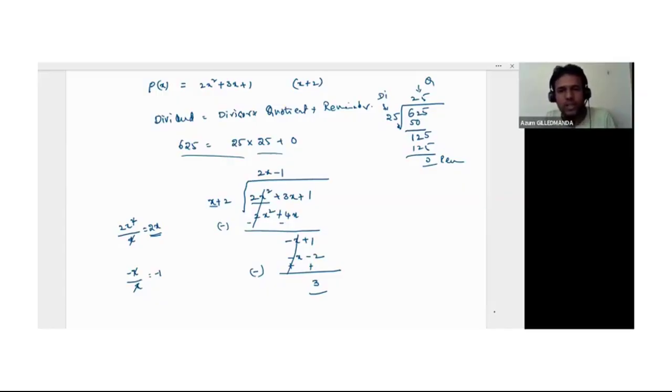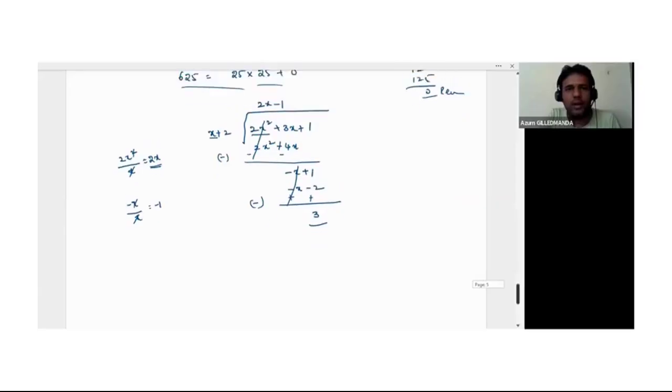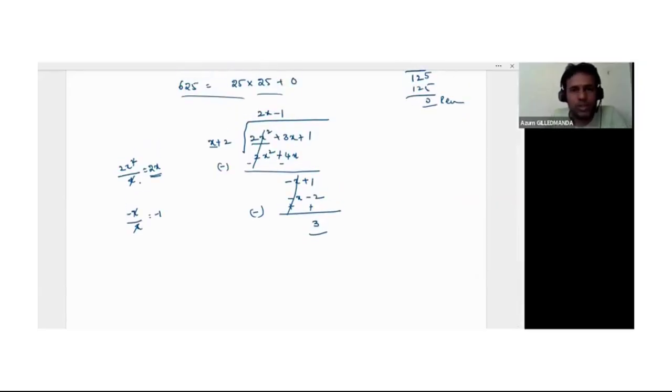So here 3, there is no x term, so you cannot further divide it. So that will be your remainder. Now if you see here, what is your divisor? Your divisor is x plus 2. What is your quotient? 2x minus 1, plus remainder.